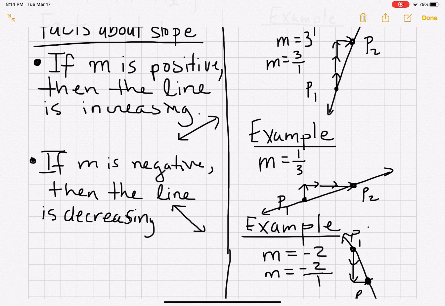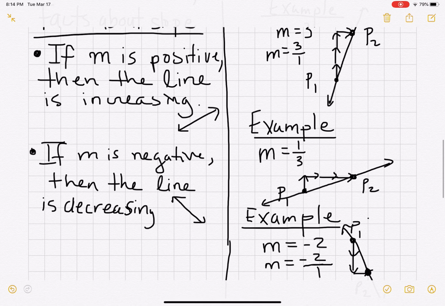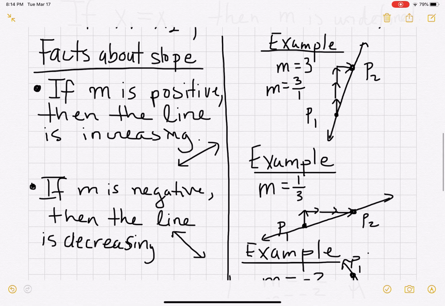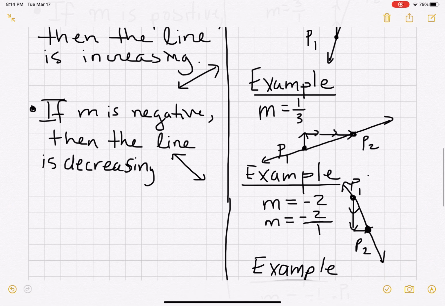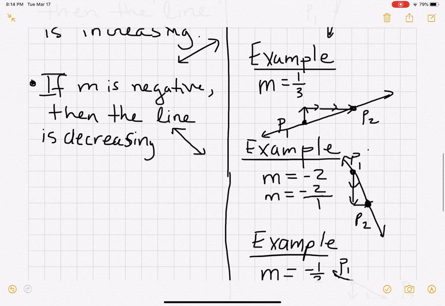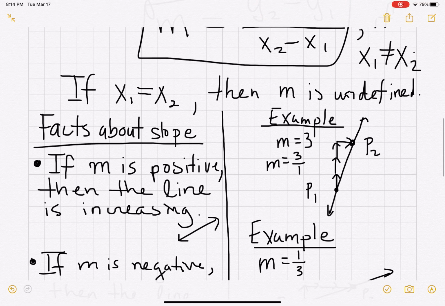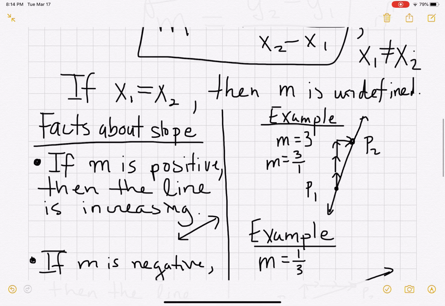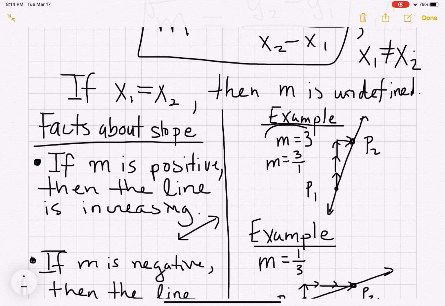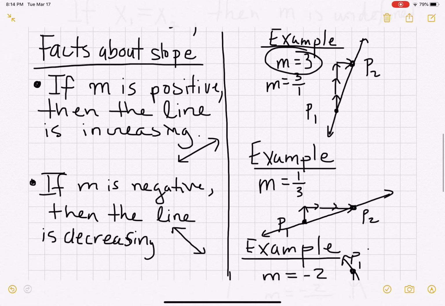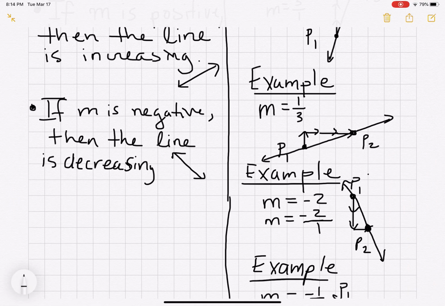Okay, now let's notice a few other things. Notice when we had a slope of 3, and a slope of -2, something is going on with the line.